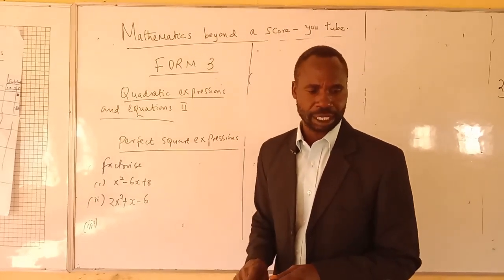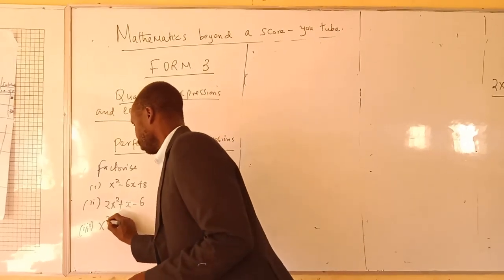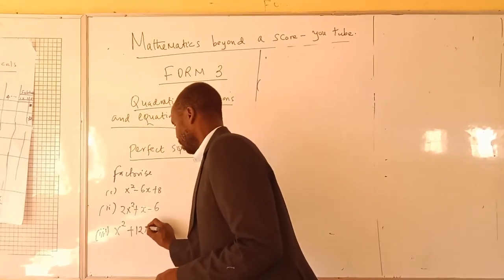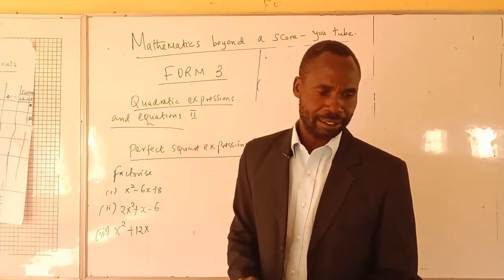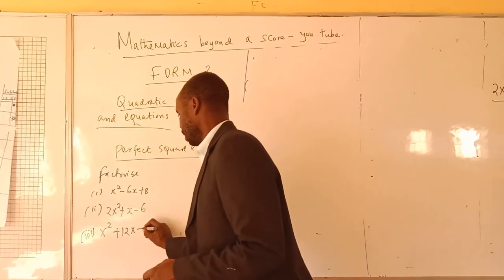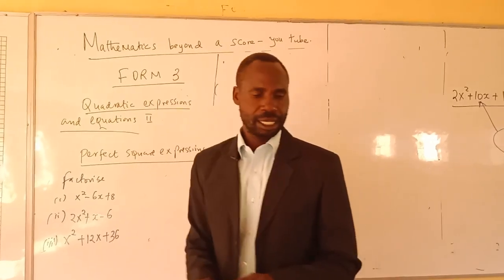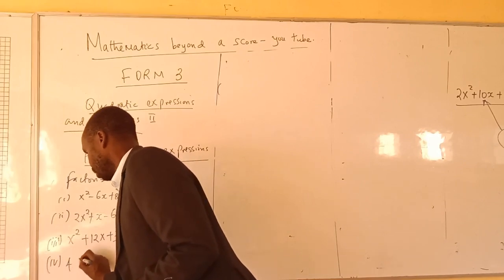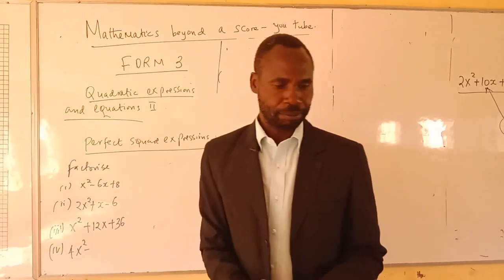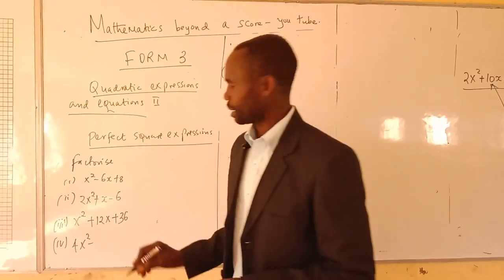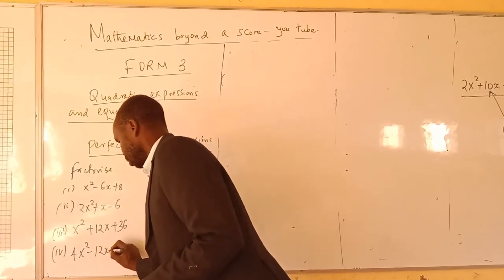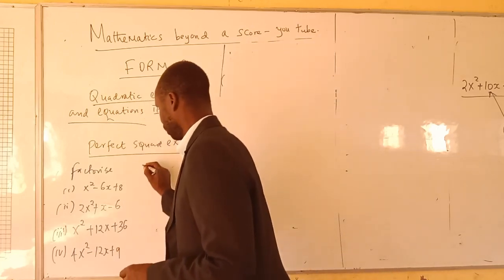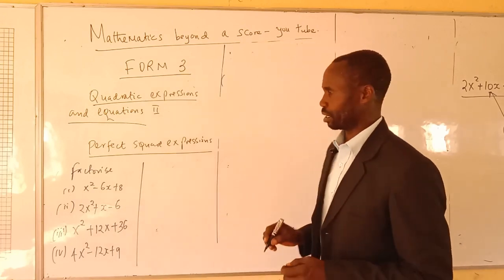I also want to factorize x² + 12x + 36. I finally will factorize number 4, 4x² - 12x + 9. So very fast, I want to factorize these.